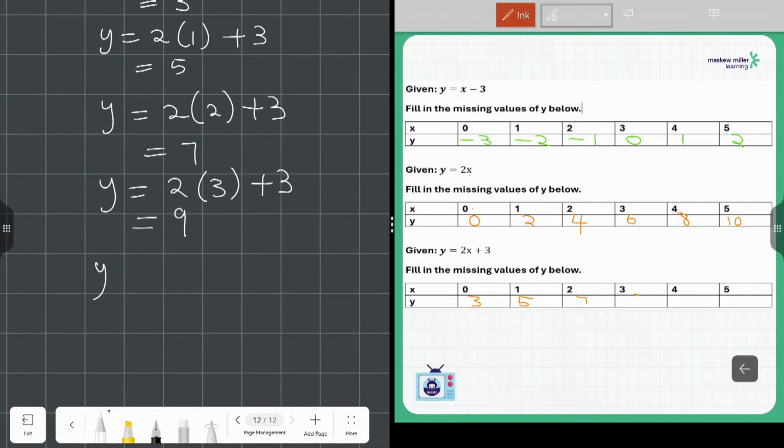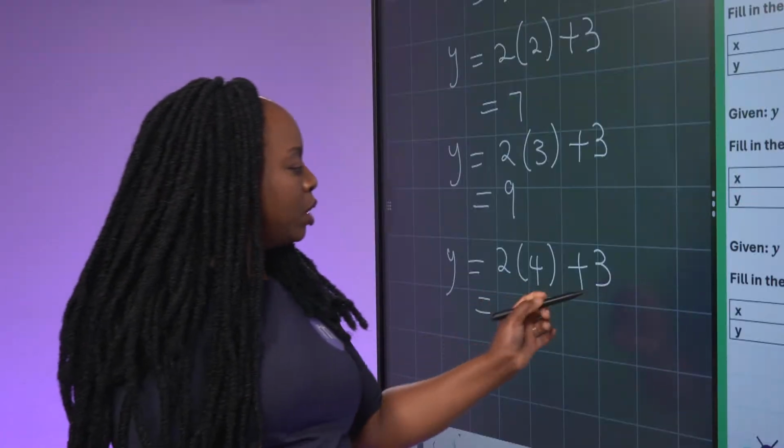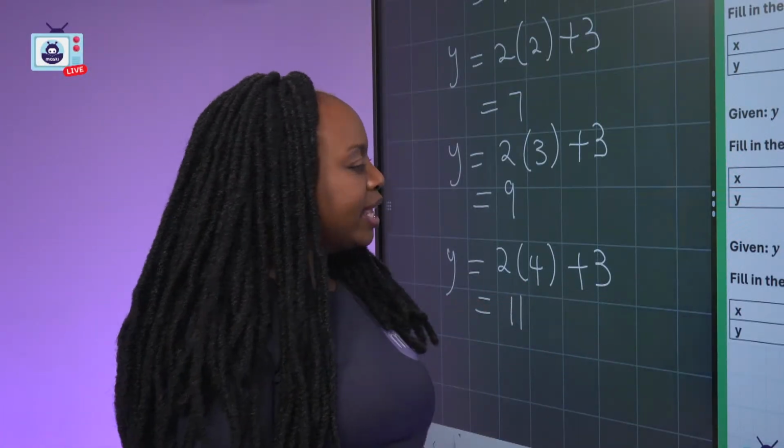Also, you can see for all of them, there's a particular pattern that is going on and on. If you quickly see the pattern, you can just continue. But then if you don't see it, you can just continue doing your calculations. So 2 multiplied by 4 is 8. And then when we add the 3, we get 11.